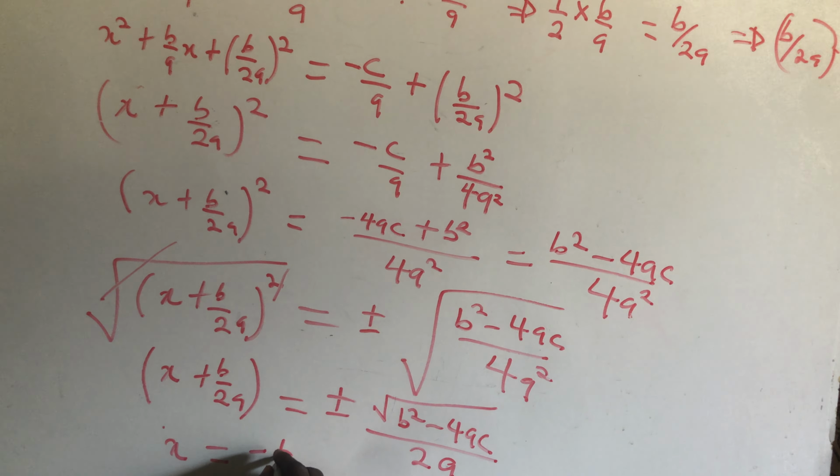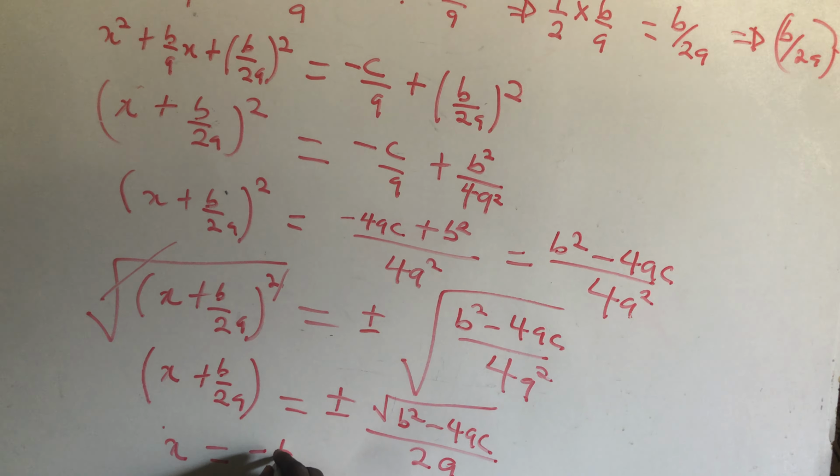That's all. So whenever you are asked to solve an equation using the completing the square method, no matter what is on top, whether it is a squared or ax squared, this is the procedure.